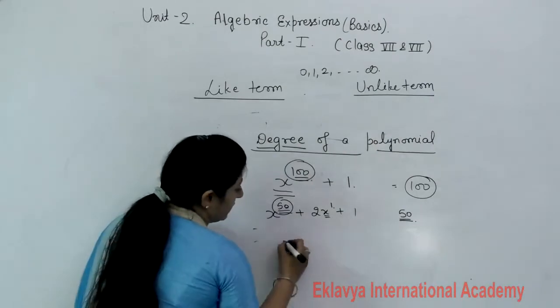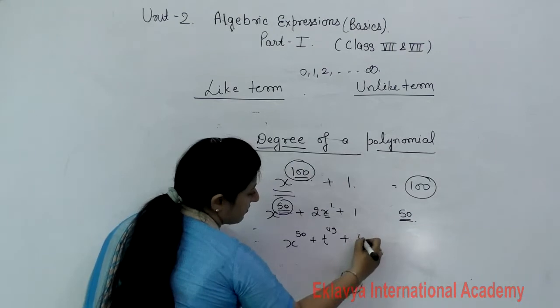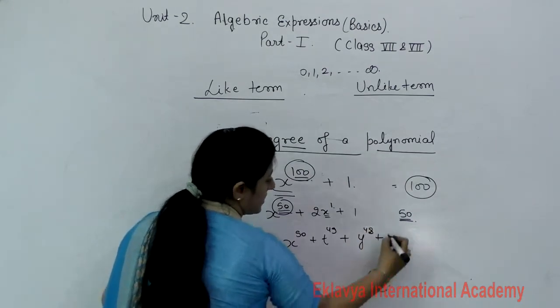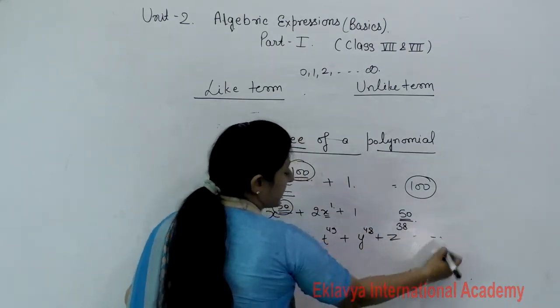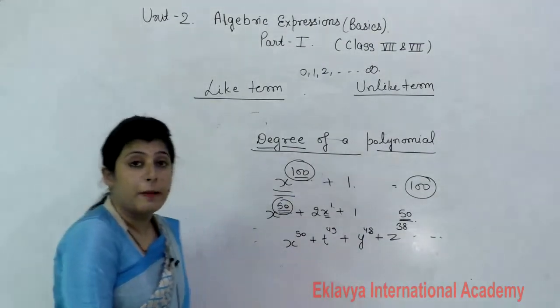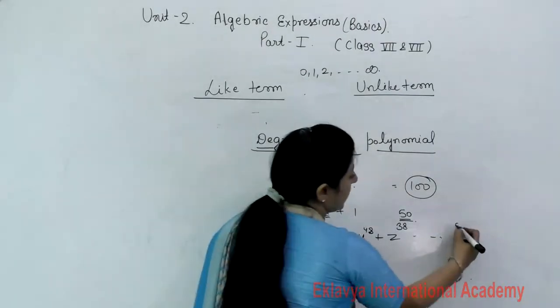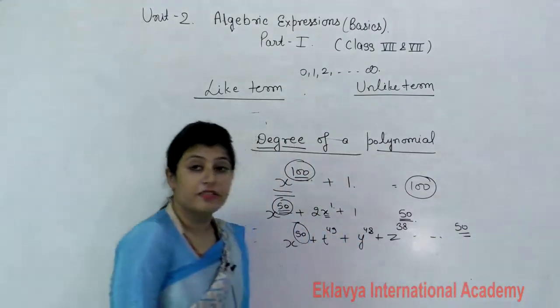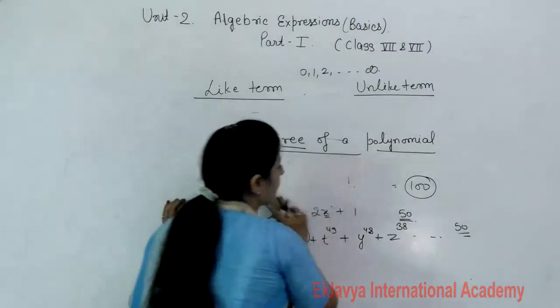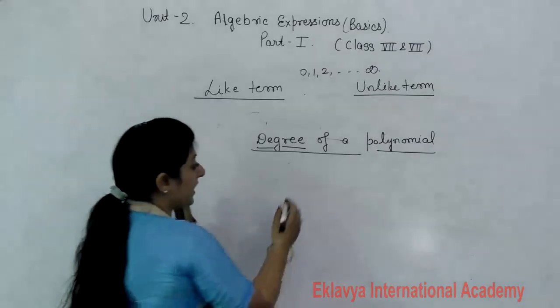Suppose I write down x power 50 plus t power 49 plus y power 48 plus z power 38. Then what is the degree of this polynomial? Variables differ, but the highest power is 50. It means the degree of this polynomial is 50. It has only one variable and one term.